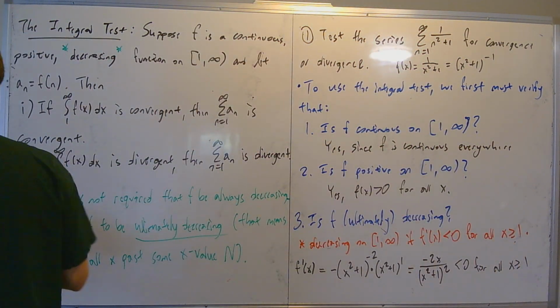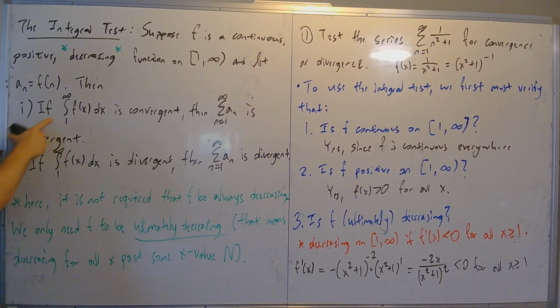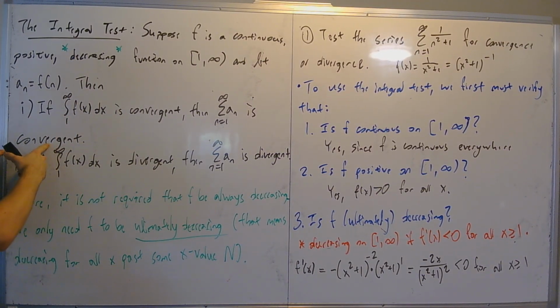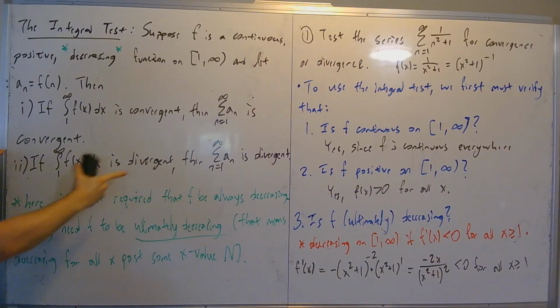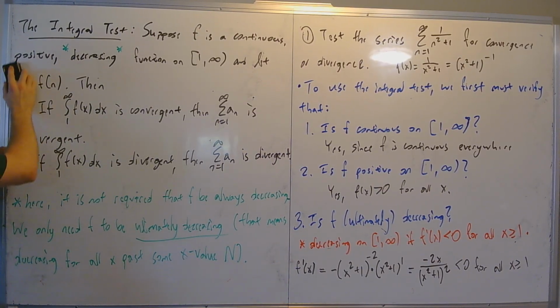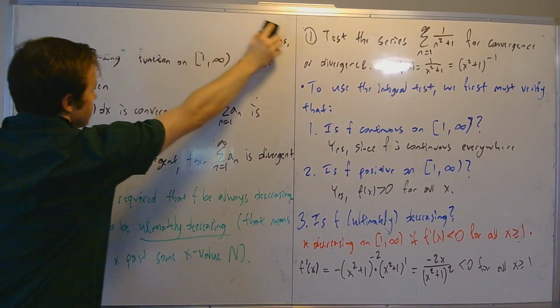I'm going to erase it here, but notice what it says is if our integral is convergent, then the series is convergent. If the integral is divergent, then the series is divergent. So that's what we're going to use.